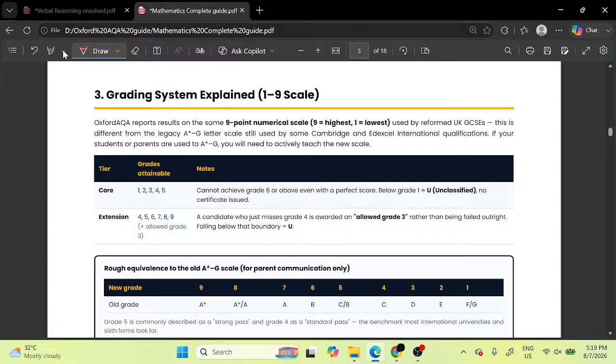Anything below that boundary, U, will be considered a fail. They only allow grade 3 when the margin between grade 3 and grade 4 is very small, like a 1 or 2 mark difference. Otherwise they don't give it.